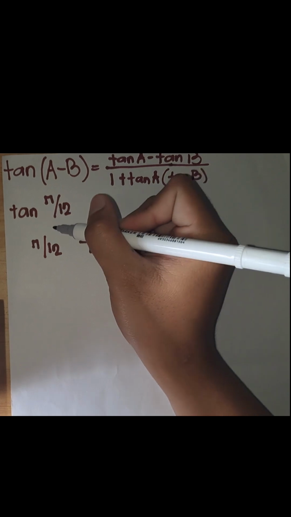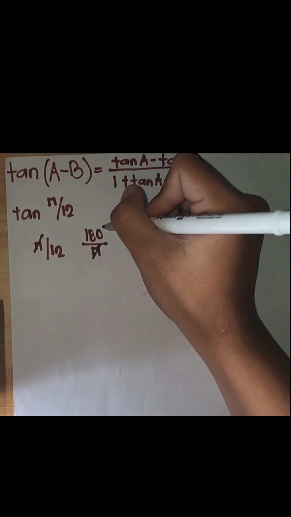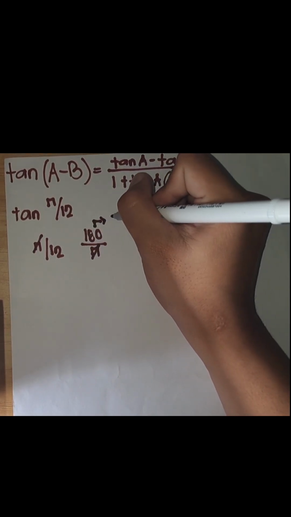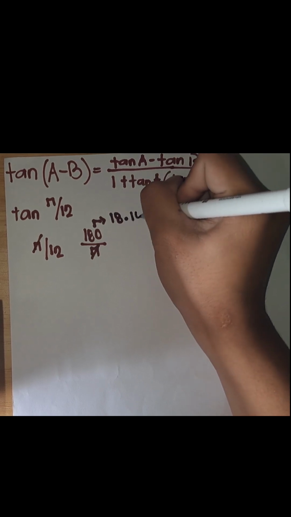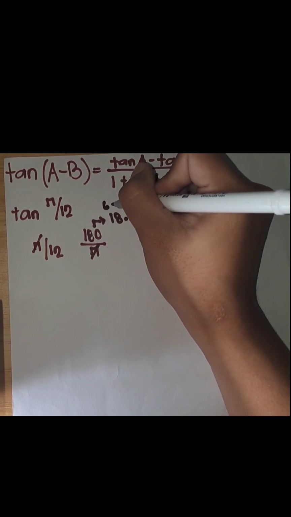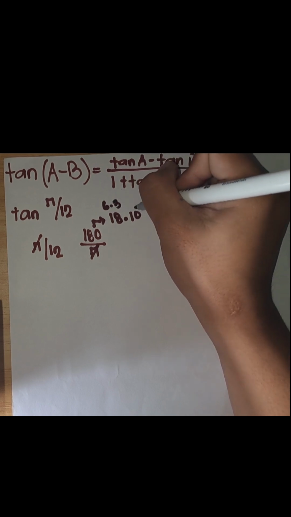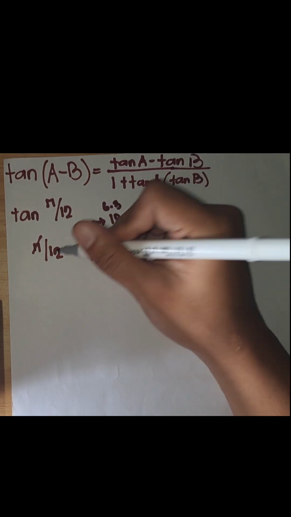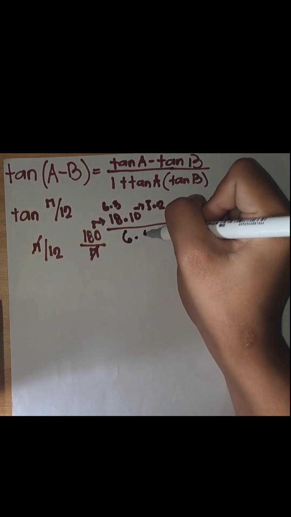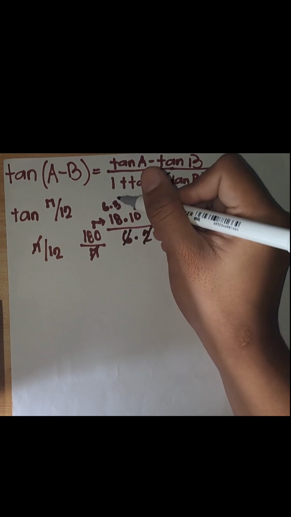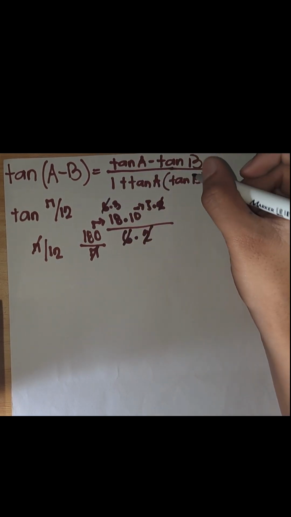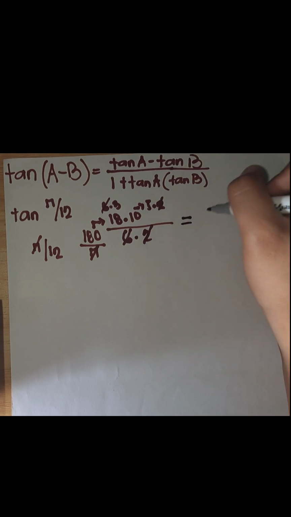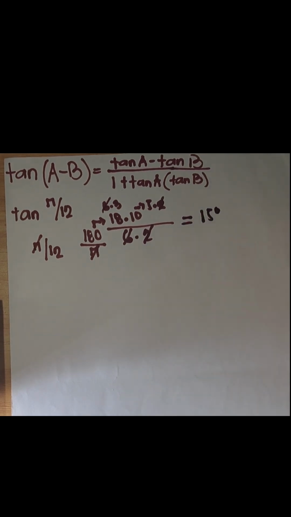The pi cancels, so we have 180 over 12. 180 is 18 times 10, and 18 is 6 times 3; 12 is 6 times 2, so the 6 cancels. We have 5 times 3, so we have 15 degrees. So tan pi over 12 is equal to tan 15 degrees.